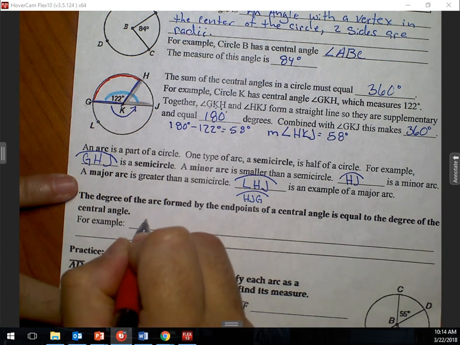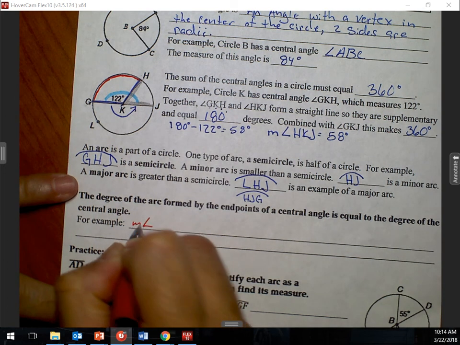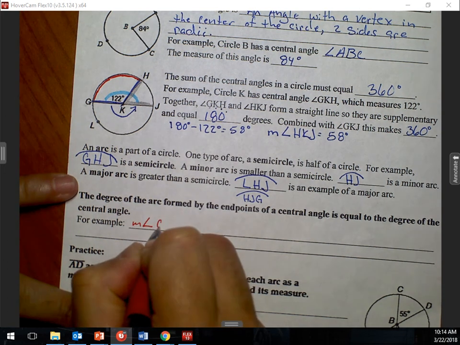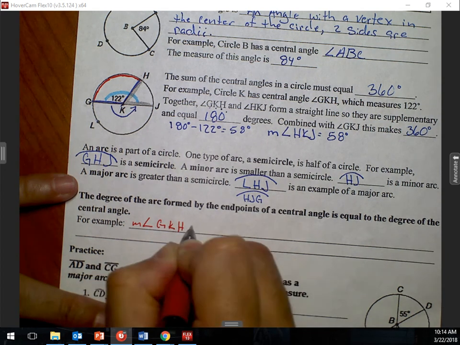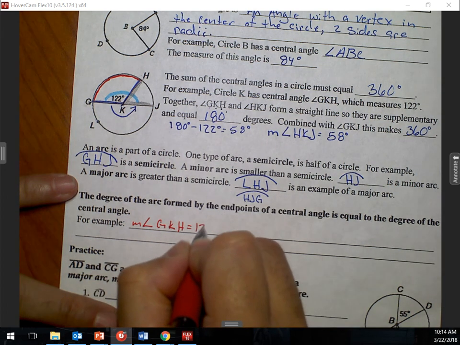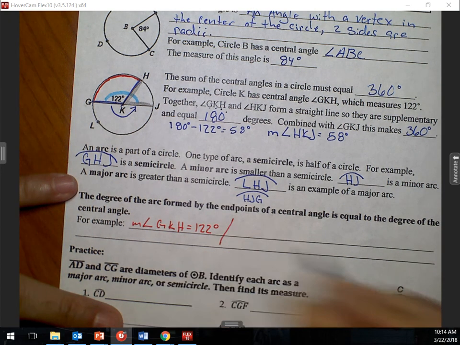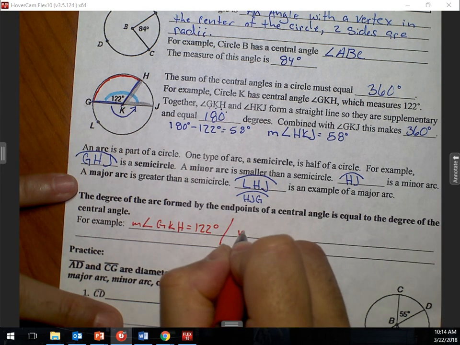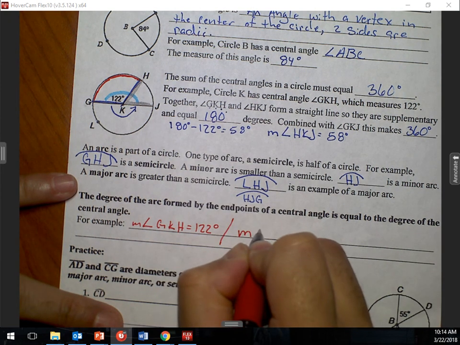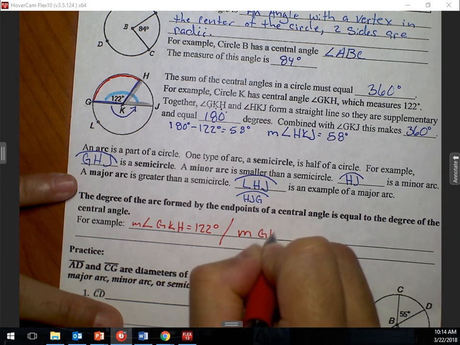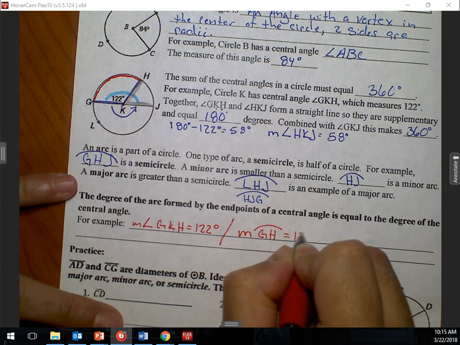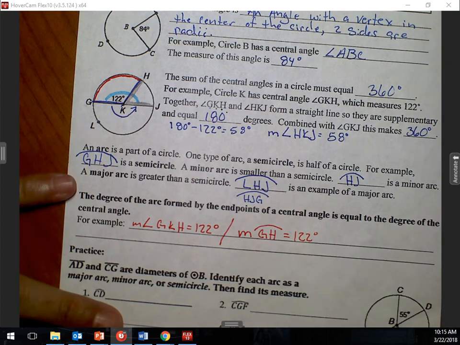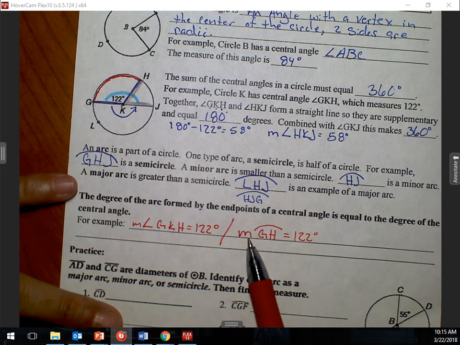So if I say that the measure of angle GKH is 122 degrees, then I could say that the measure of the arc GH is 122.